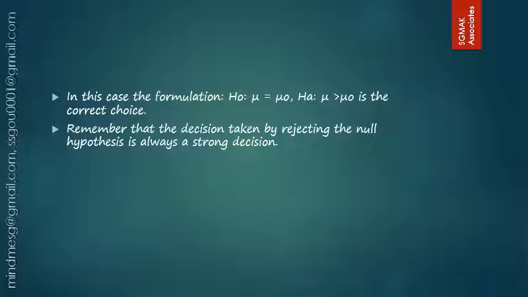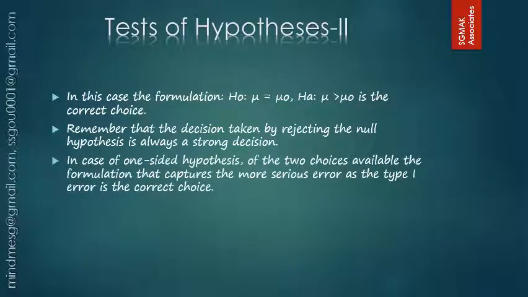In this case, the formulation null mu equals mu naught and alternate mu greater than mu naught is the correct choice. Remember that the decision taken by rejecting the null hypothesis is always a strong decision. In case of one-sided hypothesis, of the two choices available, the formulation that captures the more serious error as the type 1 error is the correct choice.